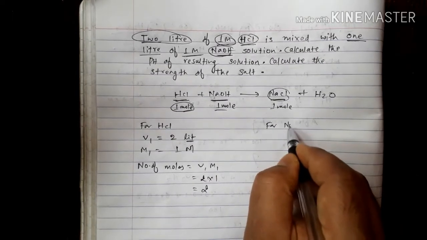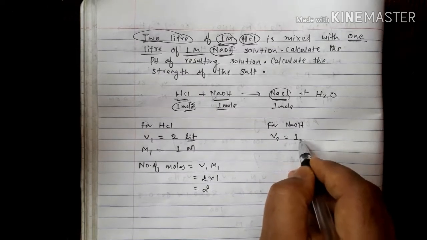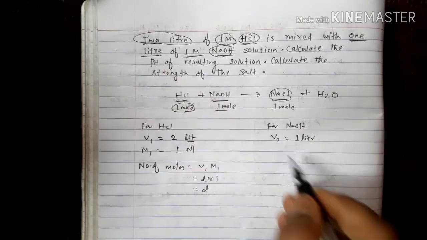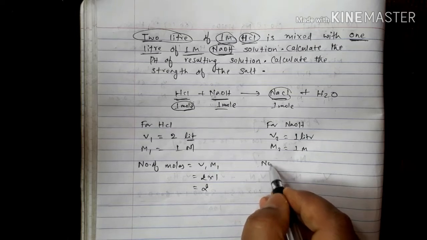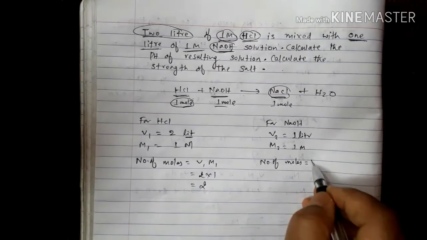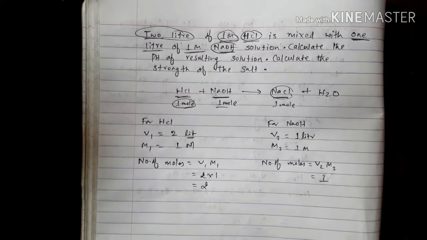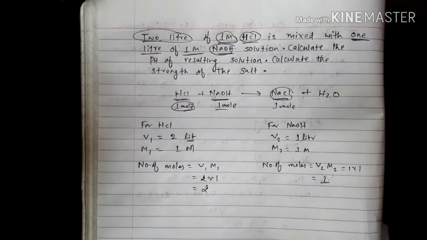Similarly, for NaOH, volume is given as 1 liter and molarity is given as 1 molar. Number of moles of NaOH is V2 into M2, which is equal to 1, because volume is 1 and molarity is 1.